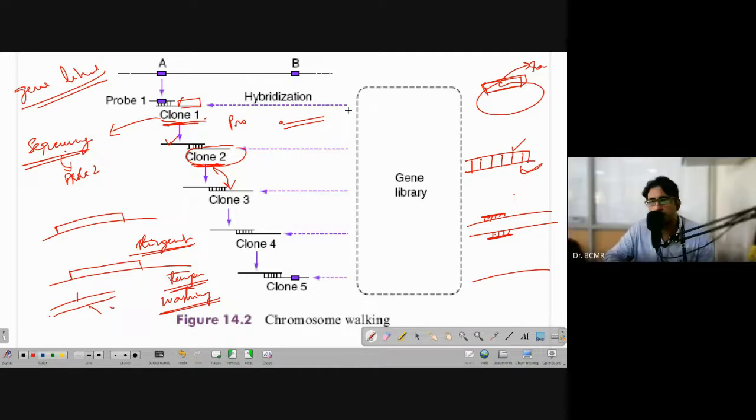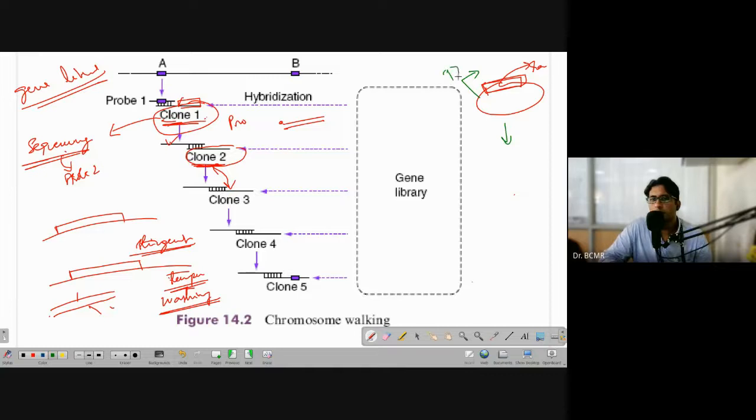Yes, sir. Developing the probe is not a big deal, because we have discussed in vitro transcription and in vitro translation. If we had this clone and, say, T7 polymerase, we can develop an RNA probe very easily from it, single-stranded, no issues at all.